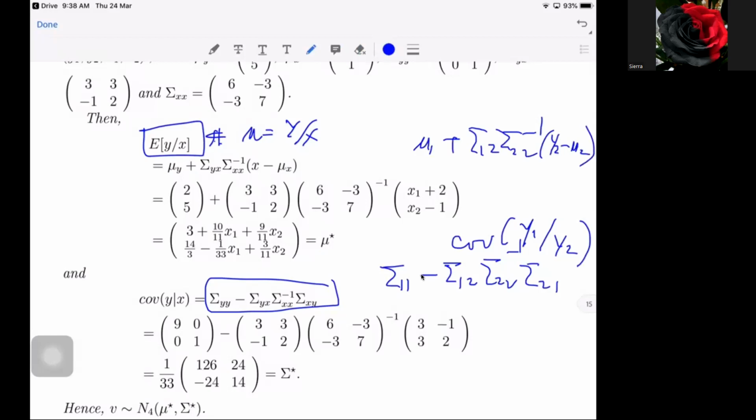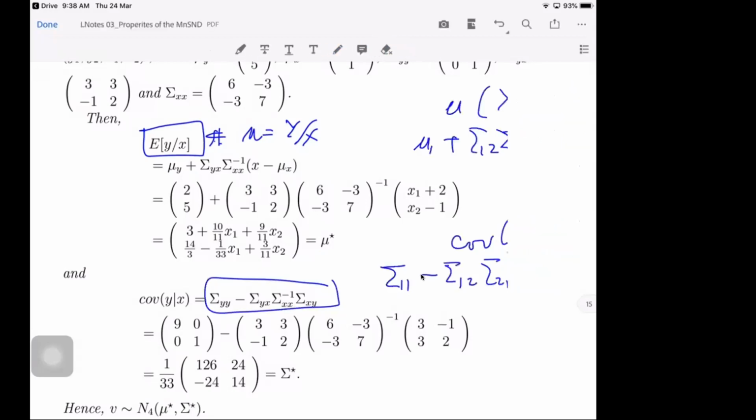Okay? So that is the mean vector of the conditional distribution of y1 given y2.